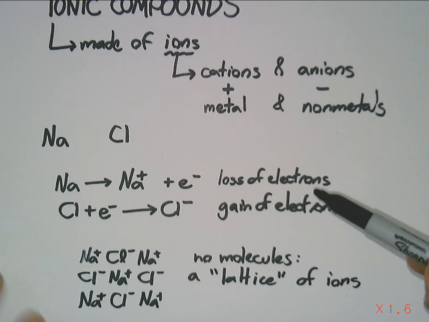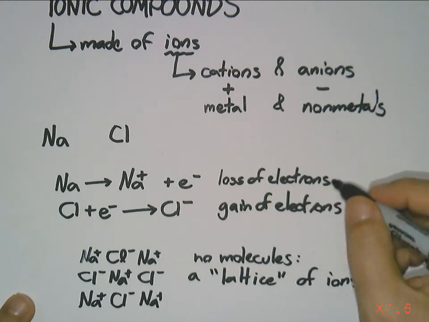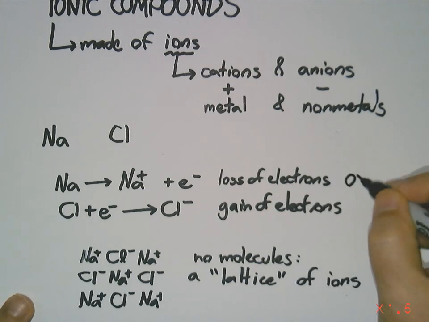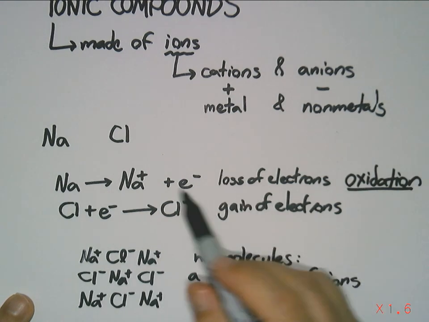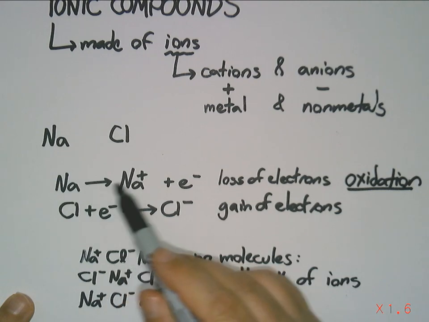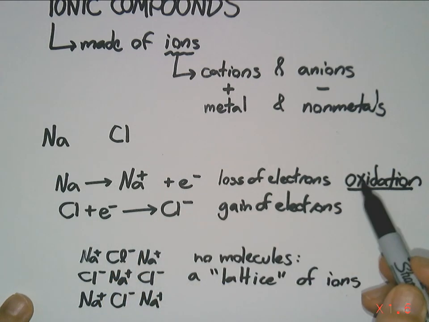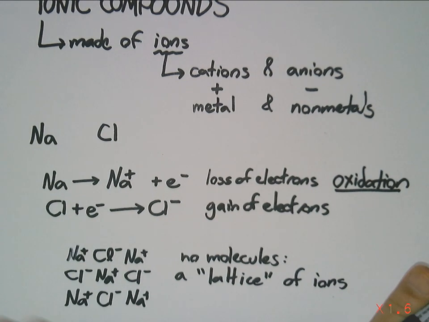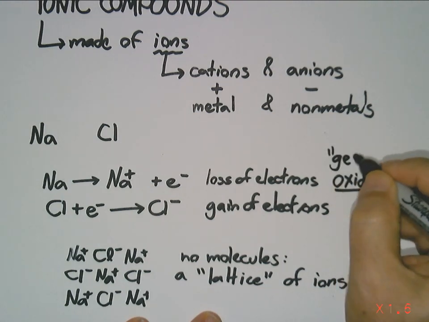Now let's look back up at this. Here you've got this loss of electrons process. This is called an oxidation. So here's a vocabulary word. Whenever you have an element or anything losing electrons, you can say it's undergoing an oxidation, or you can say it's getting oxidized.